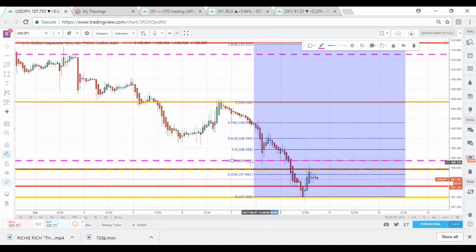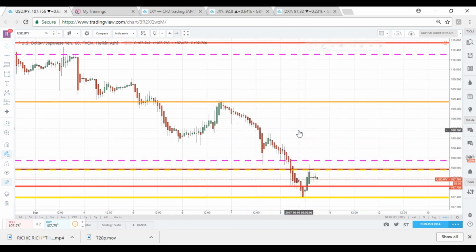Click the 38.2 level, delete the fib. Same concept: 3 consecutive candlesticks below the 38.2 level indicates a sell, and 3 consecutive candlesticks above the 38.2 level indicates a buy.